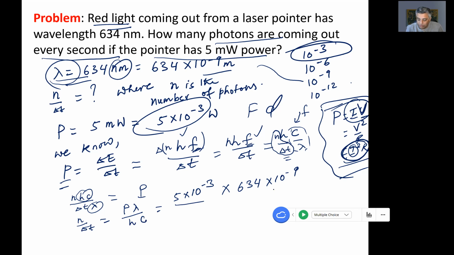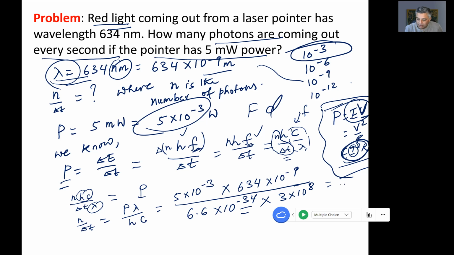Yeah, so this modern physics has large or small numbers, so we need to deal with a lot of exponents. So h, Planck's constant, how much was that? 6.6 times 10 to the power negative 34. And c is the speed of light, which is 3 times 10 to the power 8. Okay, so this number being very small and dividing this, what happens?